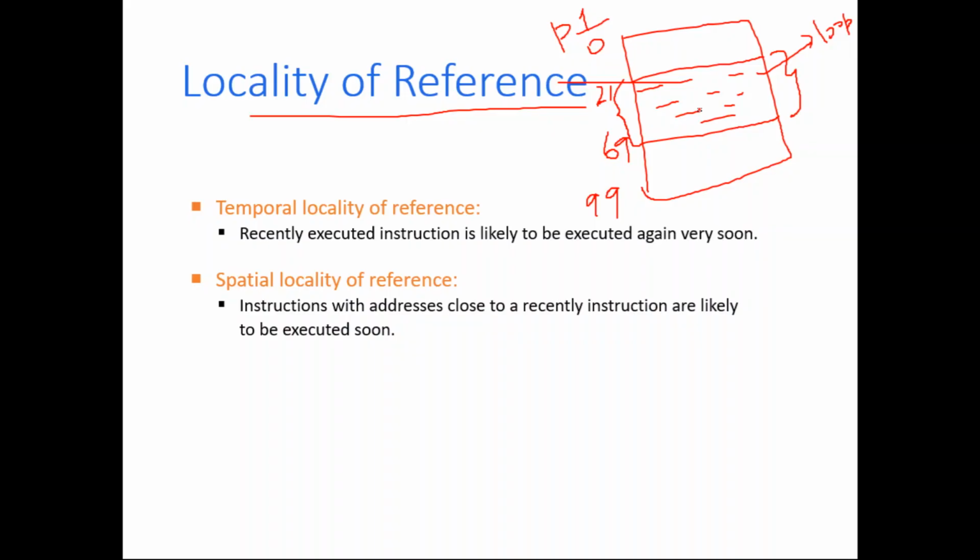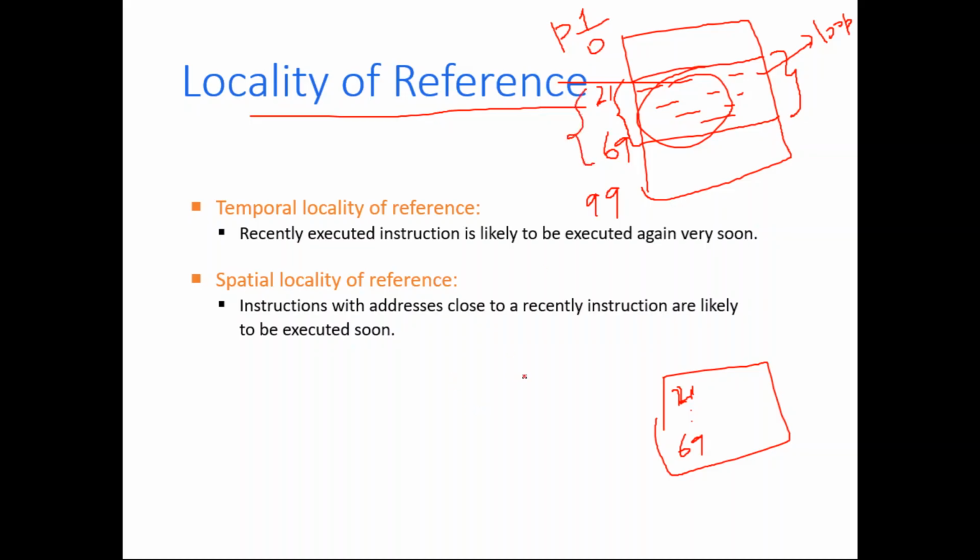Now if you have a cache memory, you can keep this portion, line 21 to line 69, in the cache memory. What is the advantage of keeping this in cache memory? We know that for this particular process, most of the time it is going to execute these instructions.